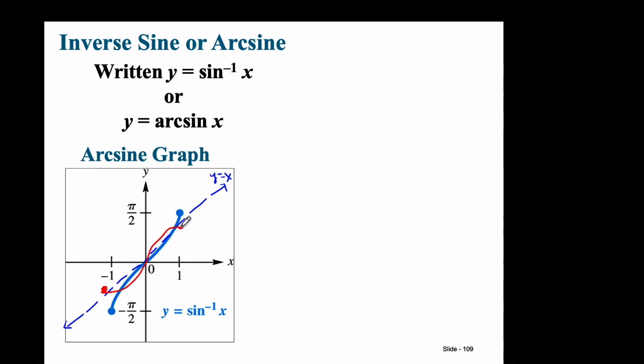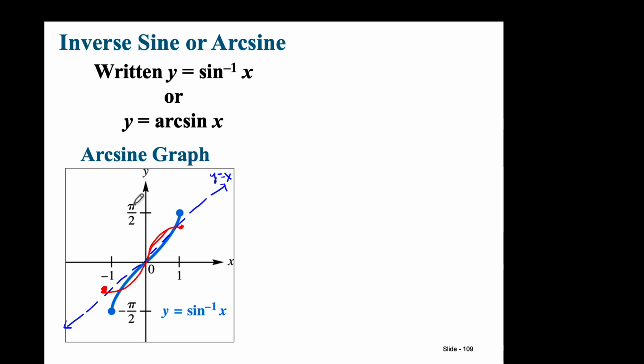There we go. If you go back two slides, you can see it. This is the piece of the sine function that we determined to be one-to-one, and therefore its inverse is the reflection in this mirror, or this line y equals x. So this graph that you guys are seeing is arc sine.